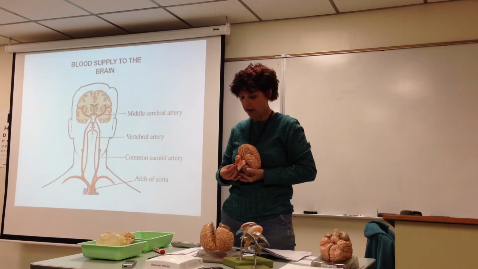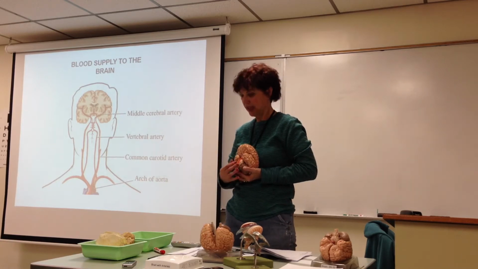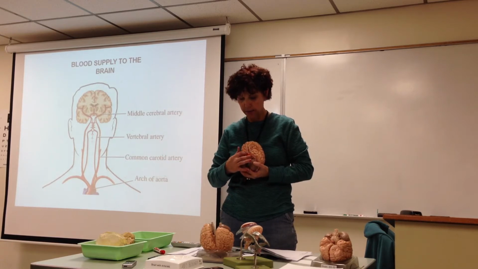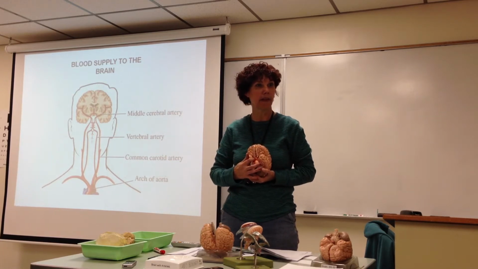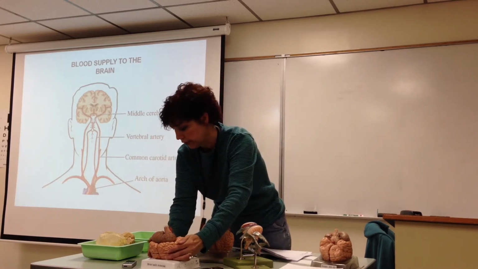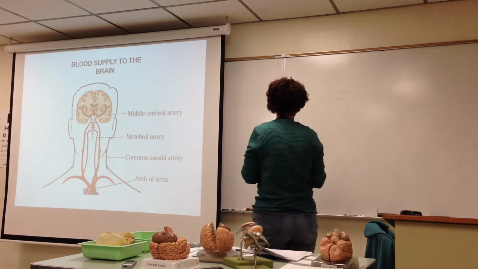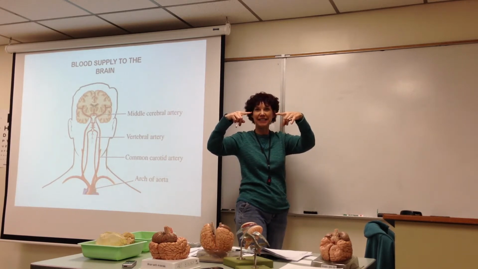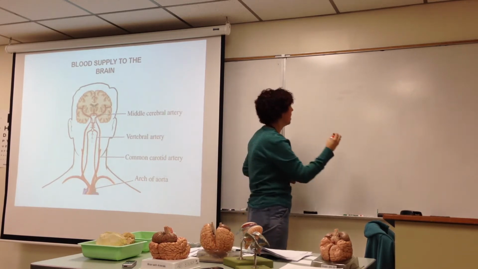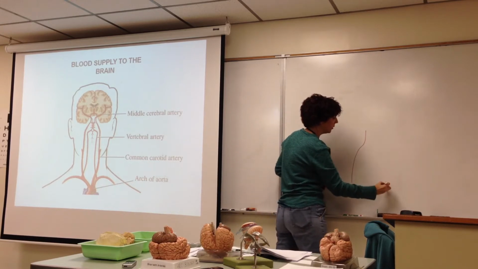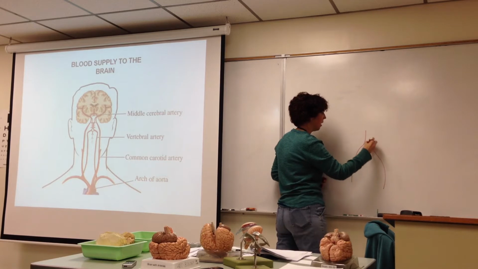And so here are the two vertebral arteries. And they join together on the basal pons to form a single vessel. All right? So that's what I'm going to draw on the board first. So coming up through the transverse foramina, and then passing through the foramen magnum, we have the two vertebral arteries.